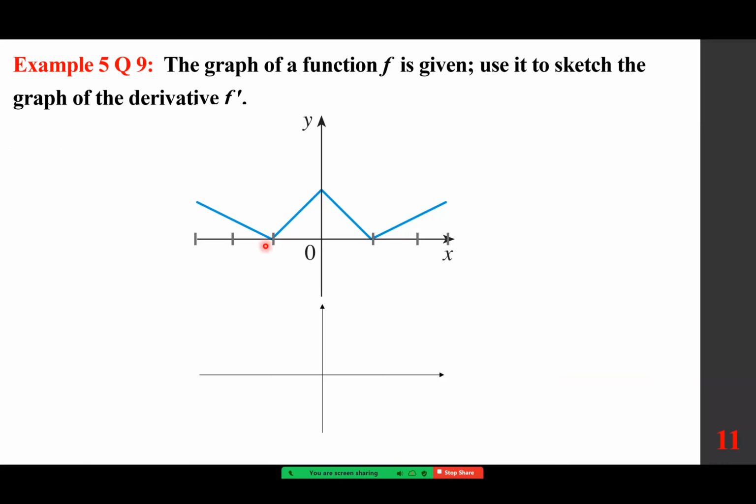Remember, we have 1, 2, 3, 4 line segments here, everybody. So for each line segment, I need to calculate the slope.